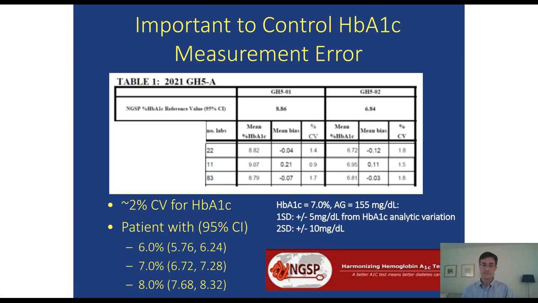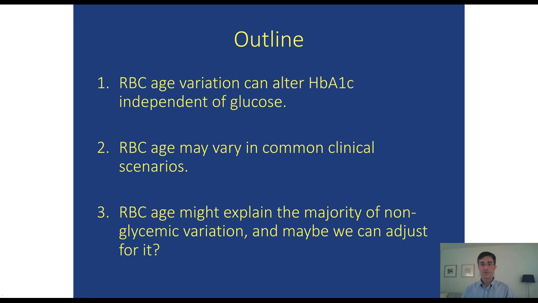So just to sum up what I've discussed, I hope I've shown you, first of all, that RBC age can certainly alter hemoglobin A1c independent of glucose. And secondly, that's important to think about because there are many clinical scenarios where RBC age may be altered.